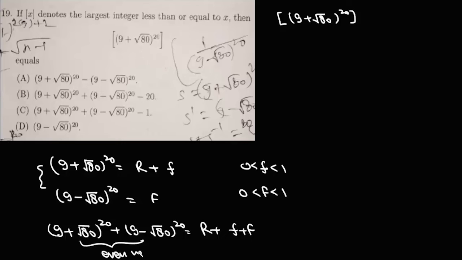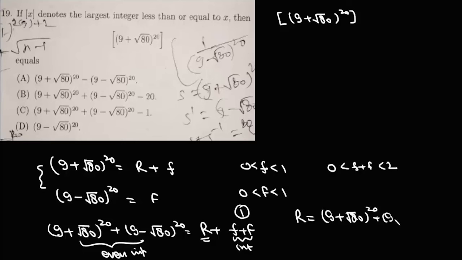So this is an even integer, and we know that this r is an integer. So that means this f plus f dash must also be an integer. Now we know that the value of f plus f dash lies between 0 and 2. And the only integral value between 0 and 2 is 1. So the value of f plus f dash is 1. So from here we can write this r should be (9 plus under root 80) to the power 20 plus (9 minus under root 80) to the power 20 minus 1. And that's your option C.